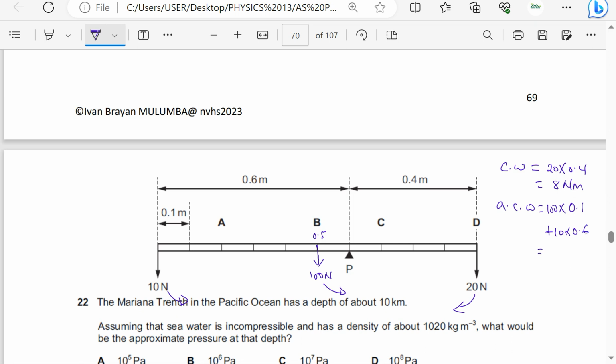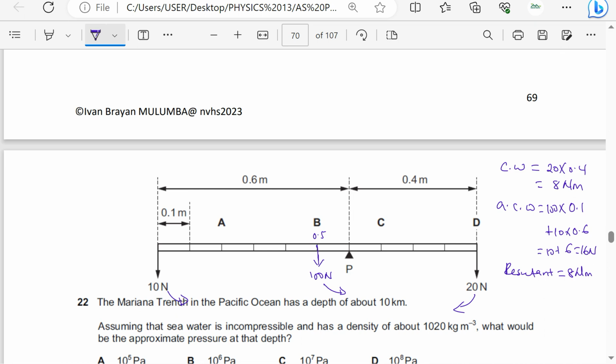So the anti-clockwise moment is 10 plus 6, which is 16 newton meters. So the resultant is equal to 16 minus 8, which is 8 newton meters, and the resultant is anti-clockwise, so the other one should be clockwise, but where should we put it?